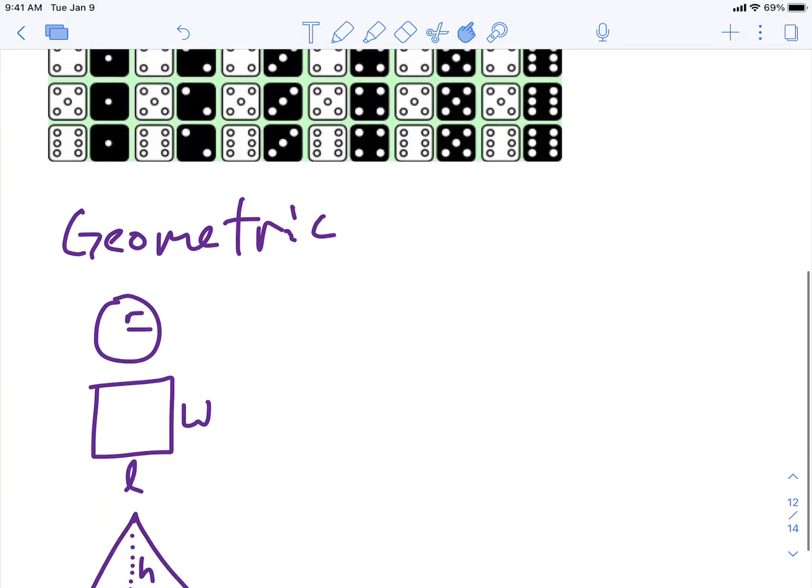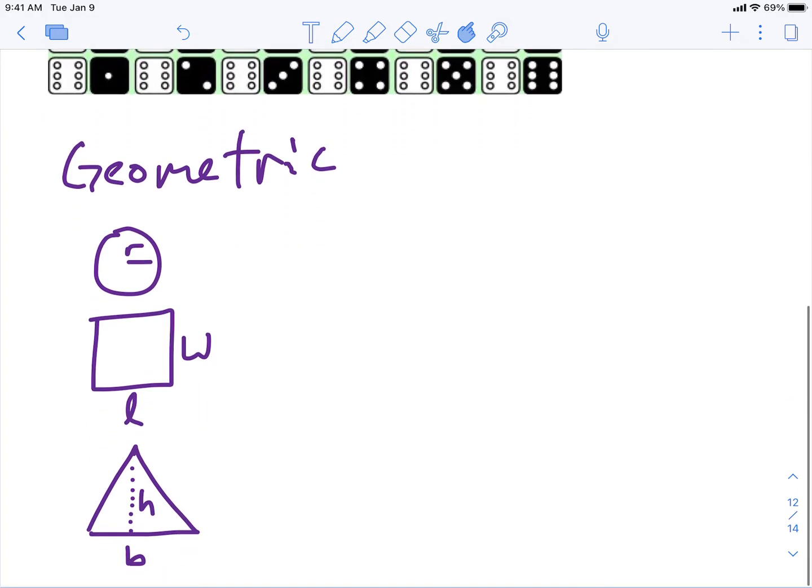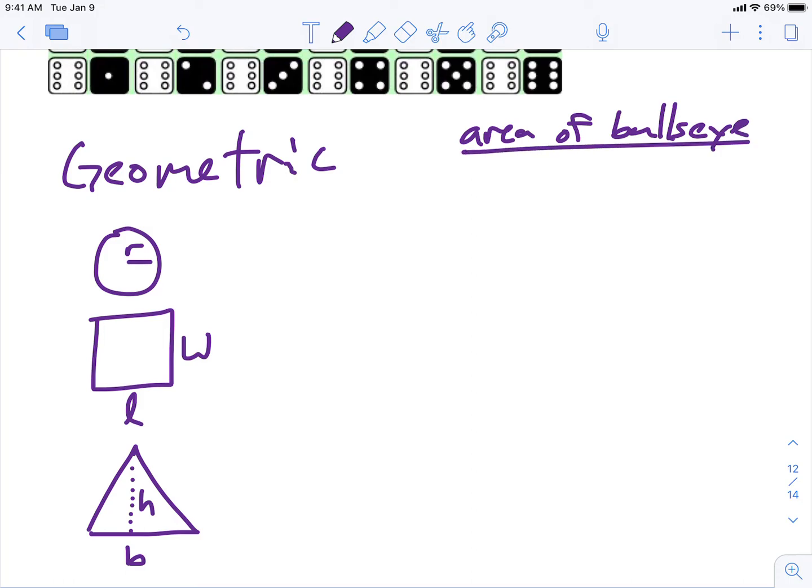And then as far as geometric probability goes, remember it is the area of the bullseye over the area of the target. And when we say bullseye, it could be any shaped bullseye, right? And so you're going to need some basic geometric equations, some area equations.